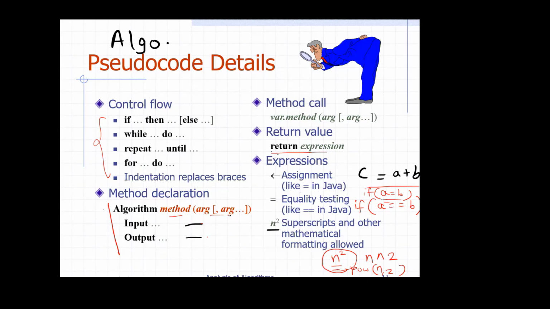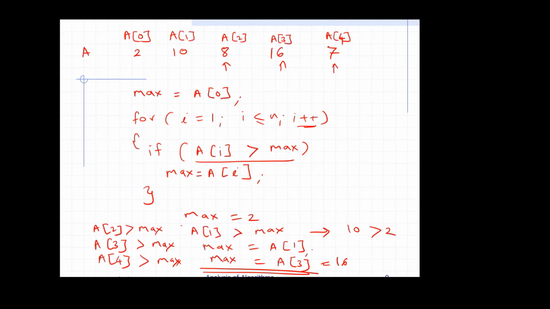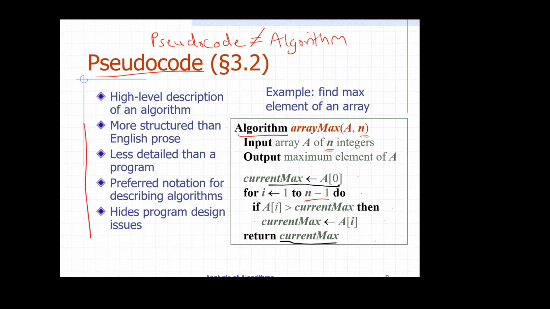If we want to use assignment, this is equal to this, we can. Here they have used arrows. We can also use is equal to in this scenario. We can also use current max is equal to A of 0. But this is a more standard way of doing it. You will see it in books a lot.